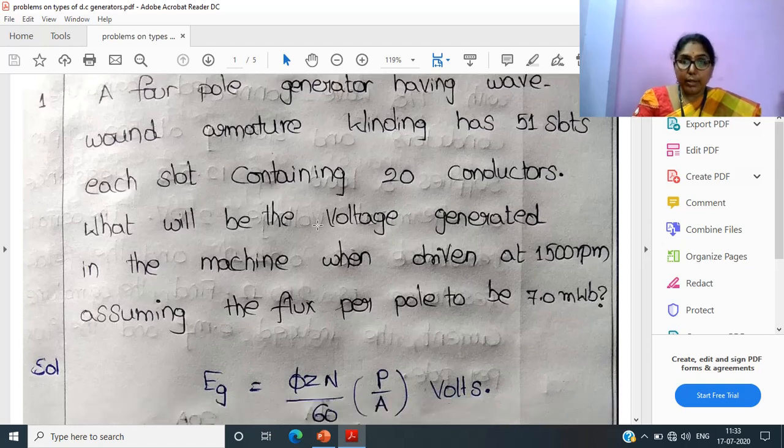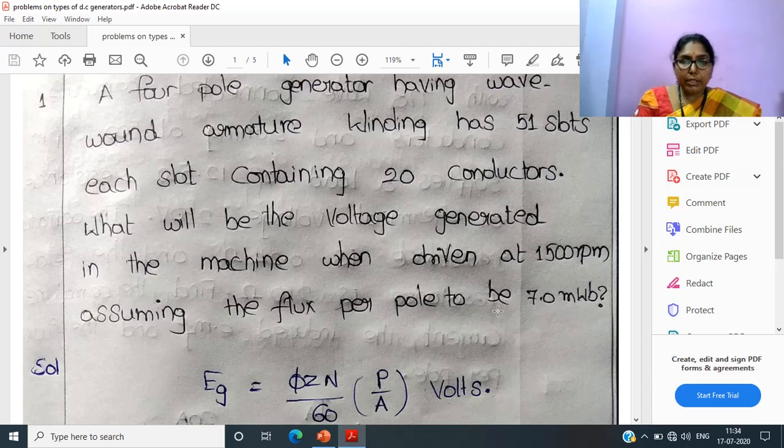What will be the voltage generated in the machine when driven at 1500 RPM, assuming the flux per pole to be 7 milliwebers? In this problem, they have given data such that there are 51 slots. How many conductors per slot? 20 conductors. They didn't directly give the number of conductors in the problem; we need to calculate it with the given data.